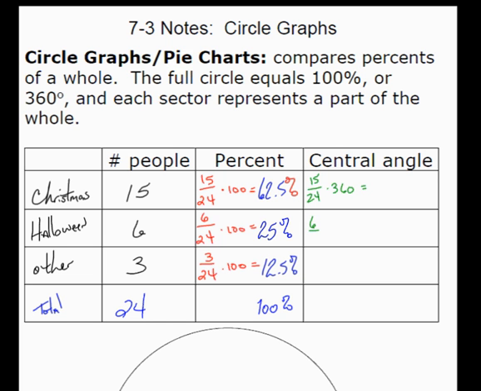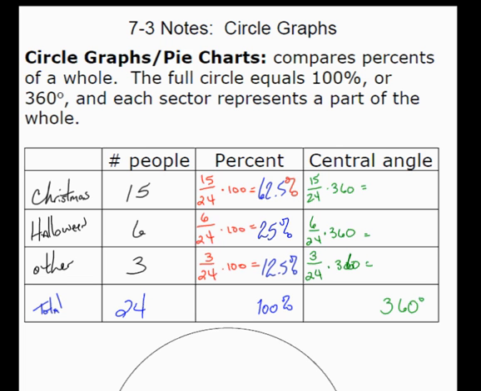So I'm going to do the same thing for each of these. 6 out of 24 times 360, and 3 out of 24 times 360. And if I add all these together, they should, in the end, add up to 360 degrees.